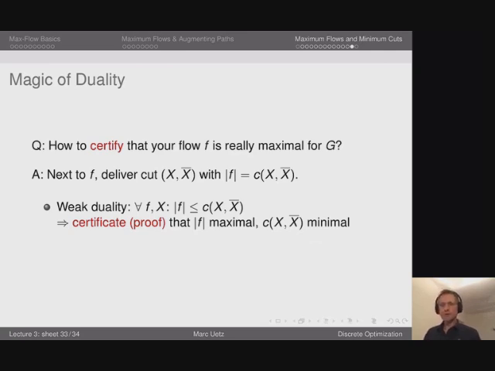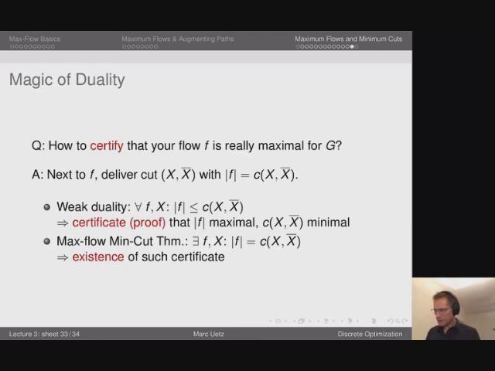So for each maximum flow, there always exists a cut that achieves the same value. So there is always the possibility to certify your solution with a corresponding dual solution, which is actually the cut. That is what the max flow min cut theorem tells me: that such a certificate, in order to certify optimality of a solution, always exists.